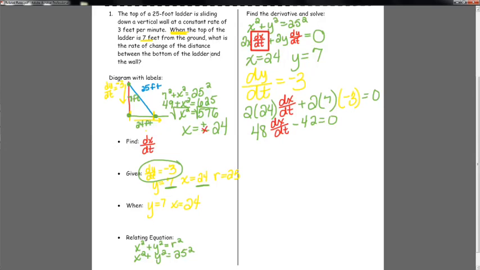I'm going to move 42 to the other side, so I have 48 dx/dt is equal to positive 42. And finally, I'm going to divide both sides by 48.